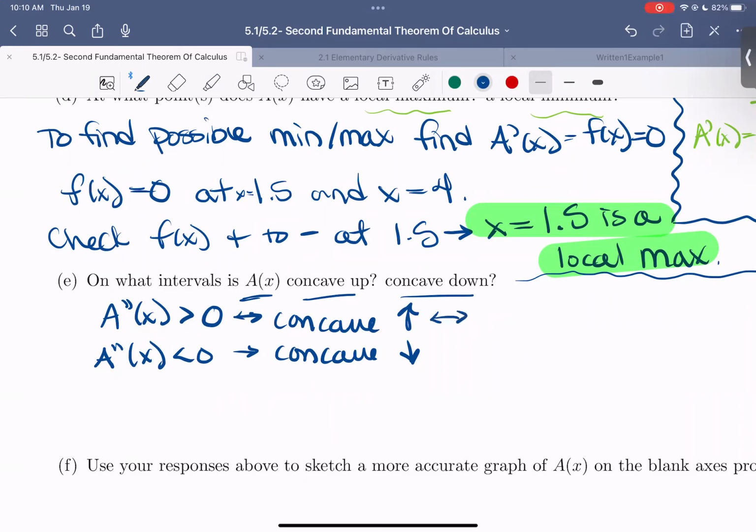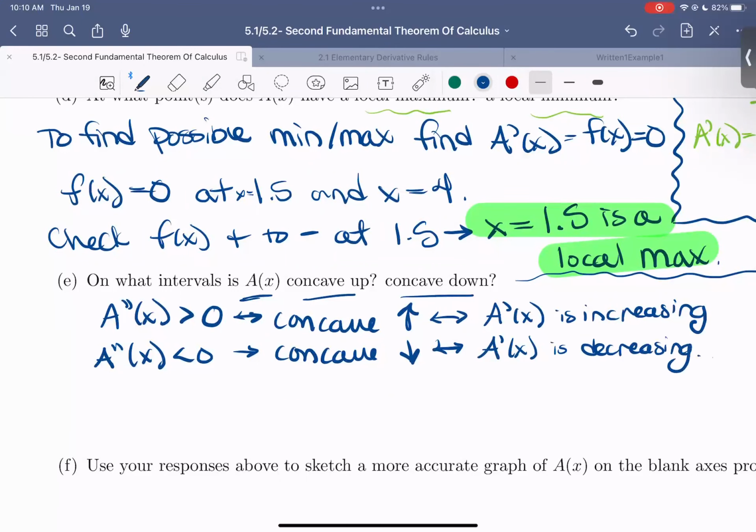So concave up, or the second derivative being positive, means that our derivative is increasing. And concave down, second derivative being negative, means that the derivative was decreasing. So let's take a look at the derivative, which is f, and check where this function is increasing or decreasing.